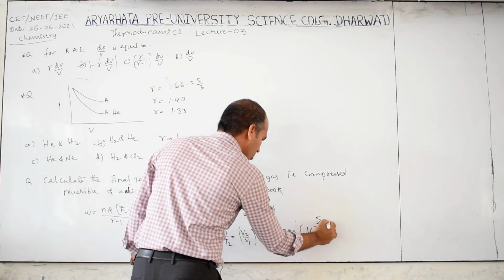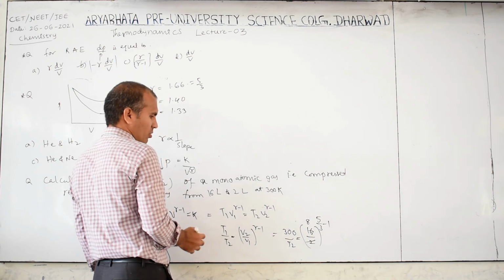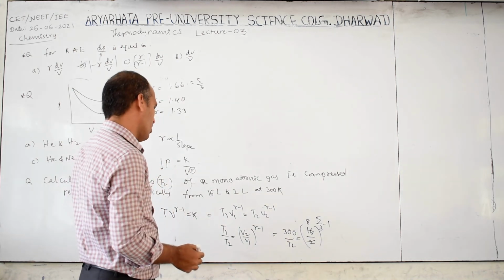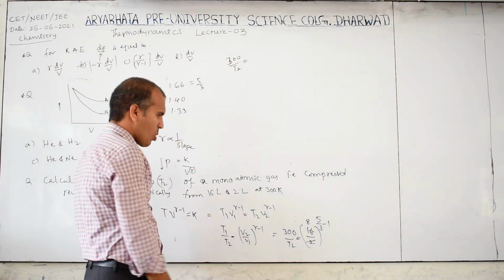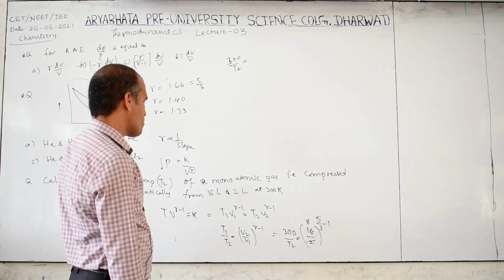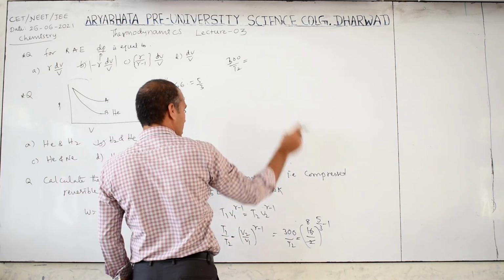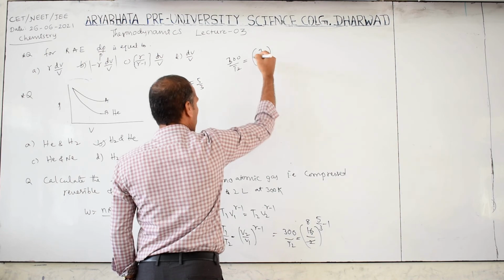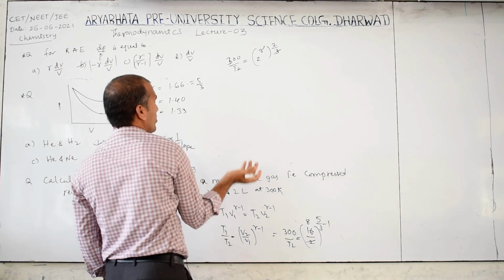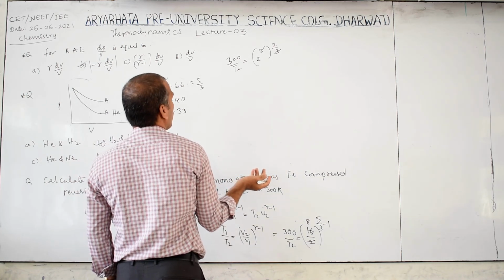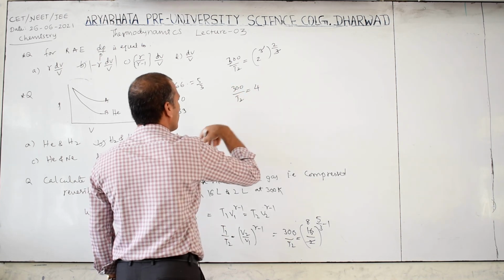Therefore 5 by 3 minus 1 is 2 by 3, and this 8 is 2 power 3, so the 3 cancels, then 2 power 2 is 4. Therefore 300 by T2 is equal to 4.